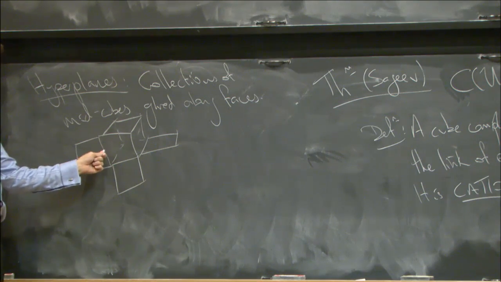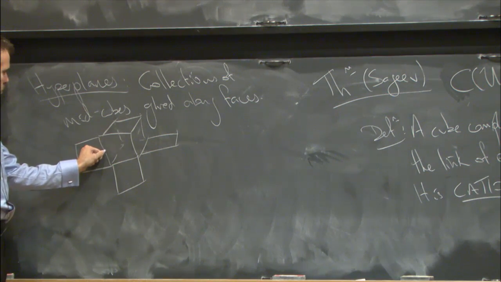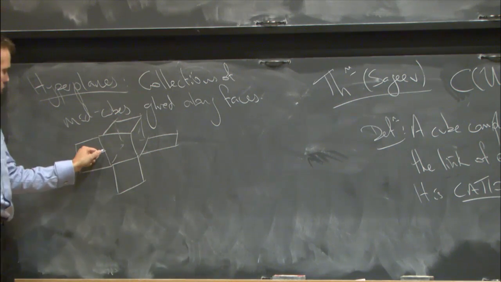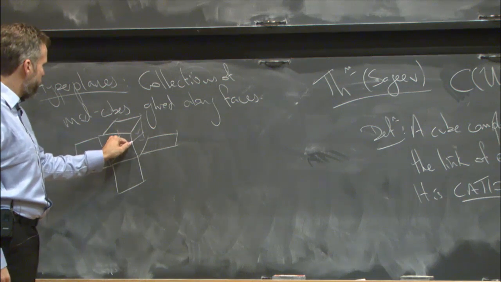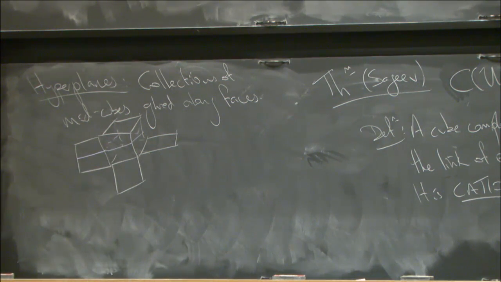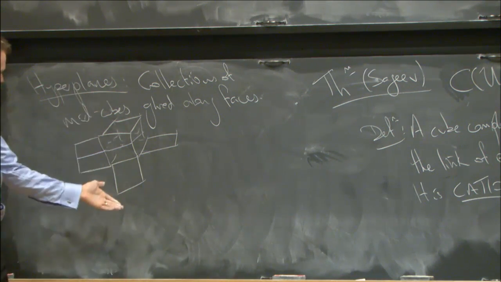Okay, so you choose a mid-cube, and then it meets some adjacent faces in some codimension 1 or smaller codimension face, and that mid-cube will extend uniquely to a mid-cube in adjacent faces. And the minimal such extension, such that when two cubes agree then the mid-cubes agree, is called a hyperplane. There's another one coming down here.